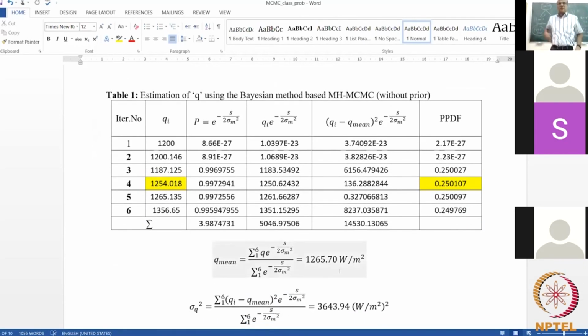1265. So now he has worked out the table. Can you show the MATLAB code, sir? Yes, you can show the MATLAB code. One second, I have a meeting at 2 o'clock. Now he has generated the posterior PDF based on the first sample, second sample, third sample, and so on. For each of the samples, he has got the posterior density.